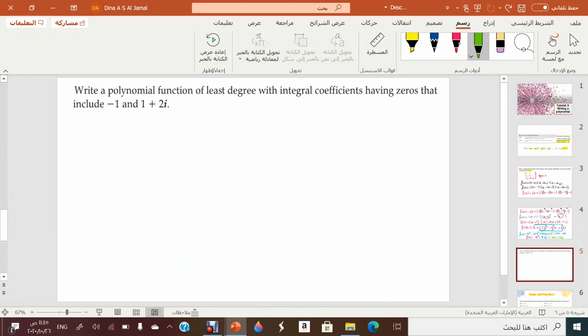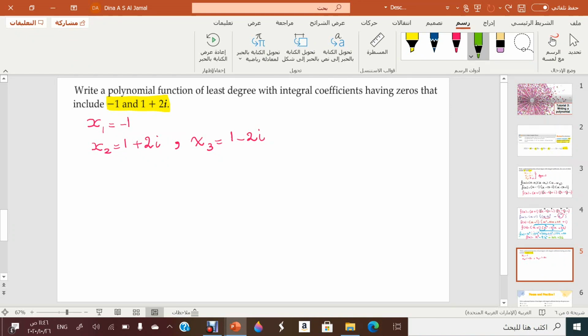Now we have another example. You are given only 2. Again, whenever you are given only 2, that means it is already 3. So minus 1, x2 is 1 plus 2i, and you should know that you have another complex conjugate, 1 minus 2i.